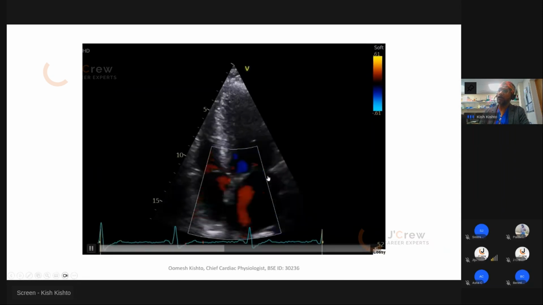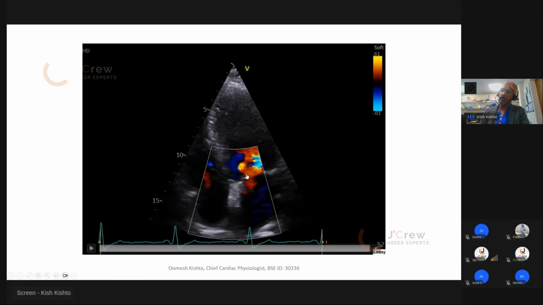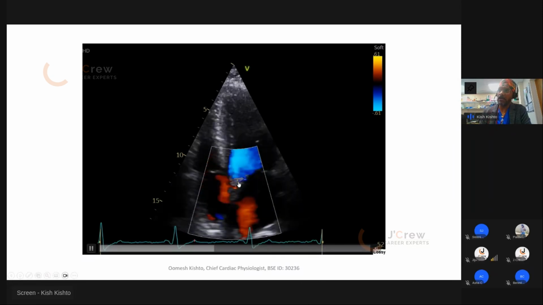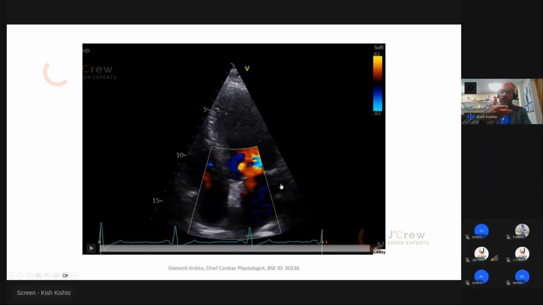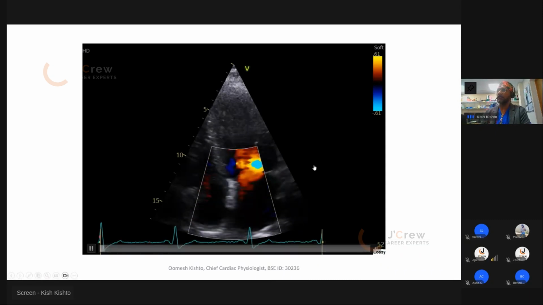In the other images so far, the AR looked a bit mild, so trivial to mild, and then like this you can see a bit much better. Again, you just need to use your probe, angulate it a tiny bit up and down so that you can see the best of the AR.